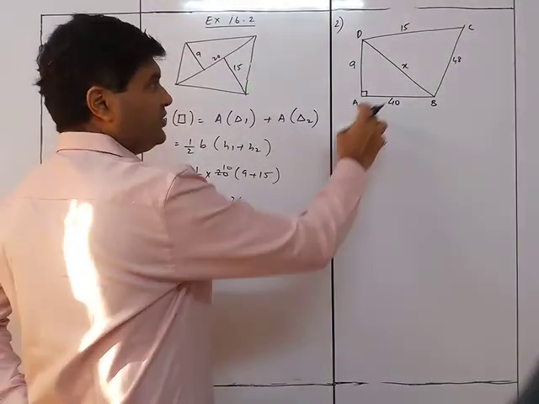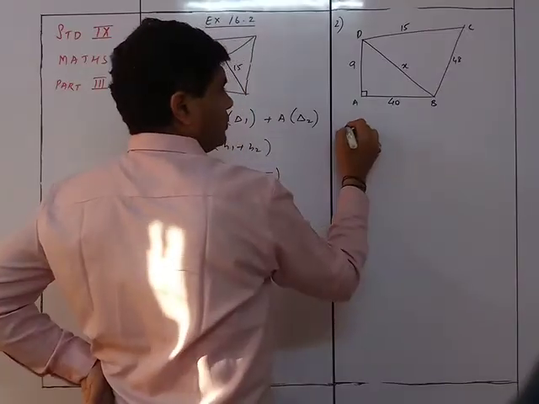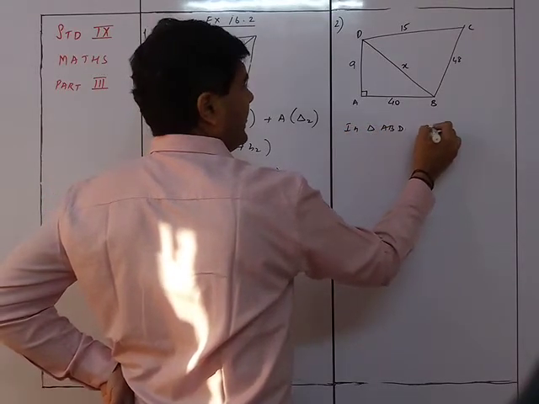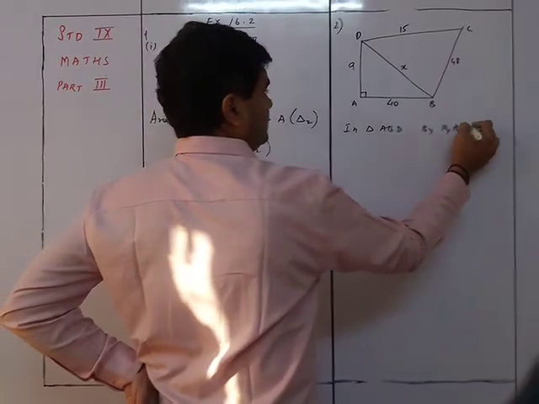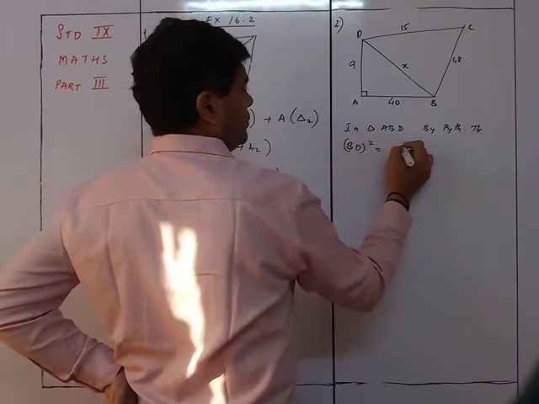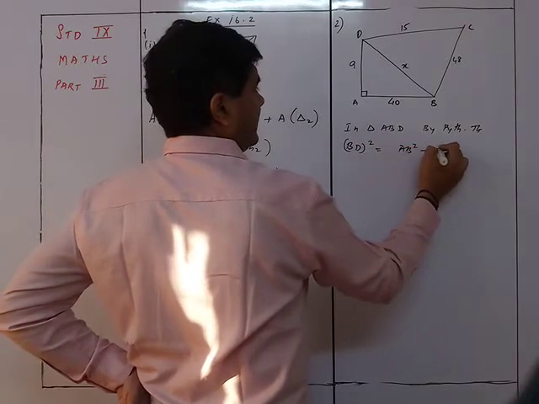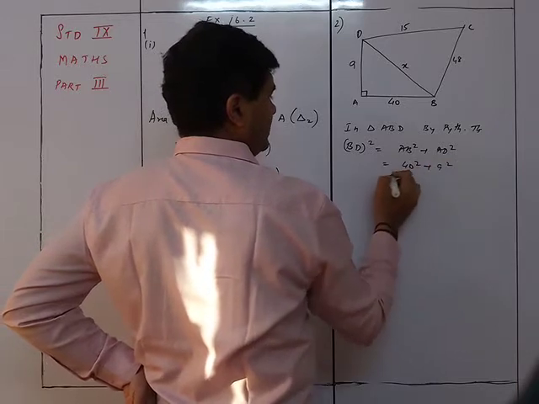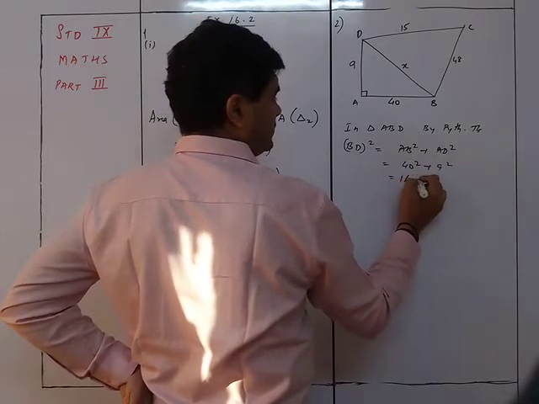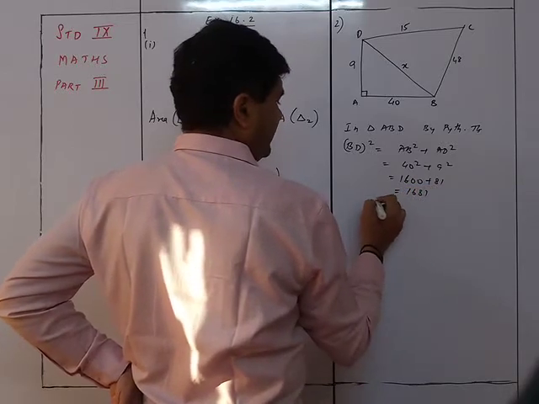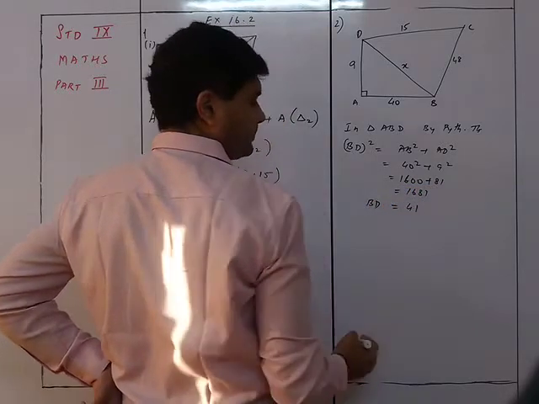So first of all, let us find BD. In triangle ABD, by Pythagoras theorem, BD square is equal to AB square plus AD square, which is 40 square plus 9 square, 1600 plus 81 is 1681. So BD is equal to 41.